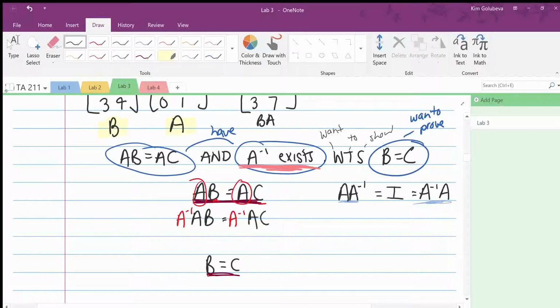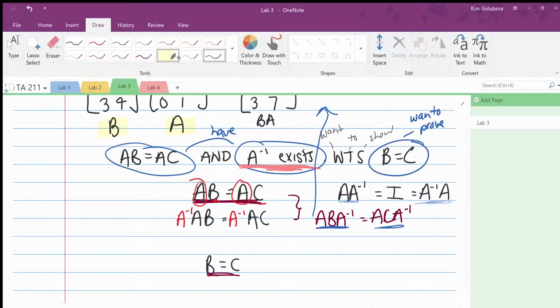It has to be on the left, because if you did something like writing AB A inverse equals AC A inverse, then, because like we talked about before, the order in which you multiply matrices does matter, it won't necessarily let you cancel these two out.